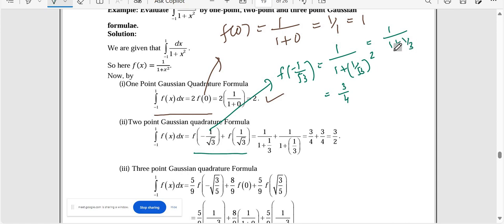If you take the LCM, then 3 plus 1 is 4, and 3 is on the upper side, so 3 by 4. Same way, f of 1 by root 3 has the same value because there is a square in our function, so it will not change, so 3 by 4. So 3 by 4 plus 3 by 4 gives you 3 by 2. Correct? Everybody understand?